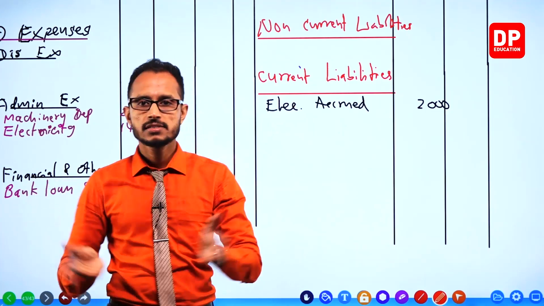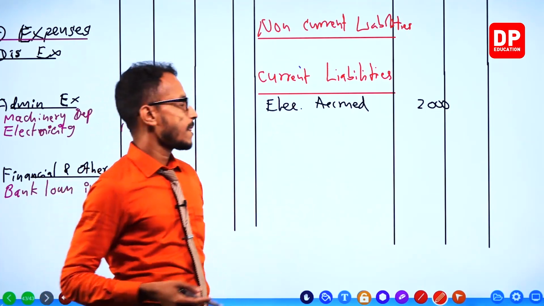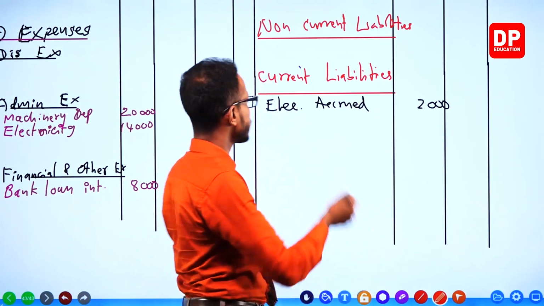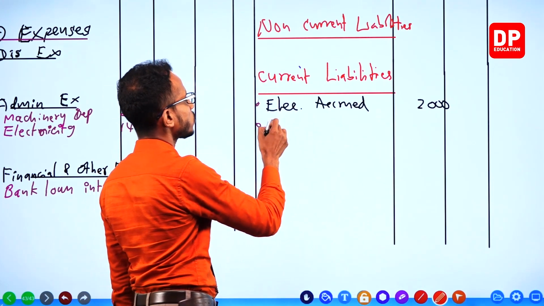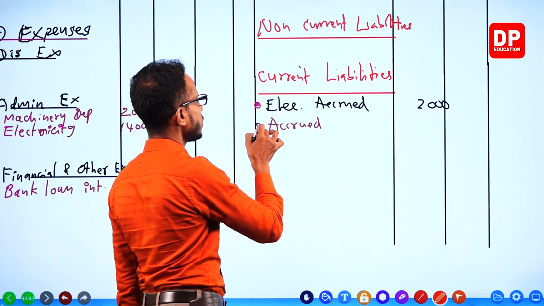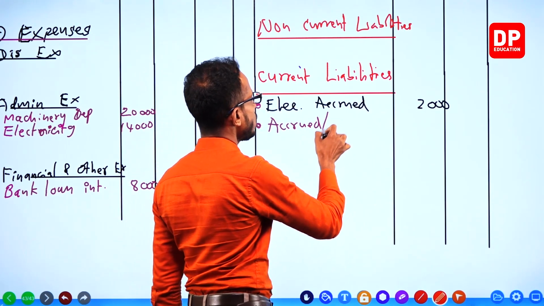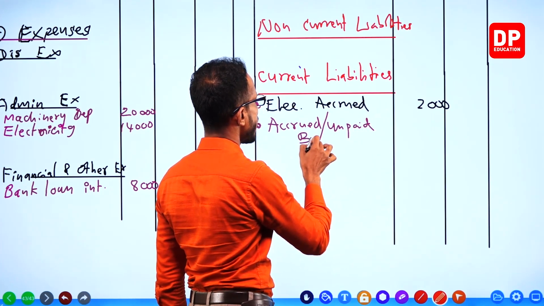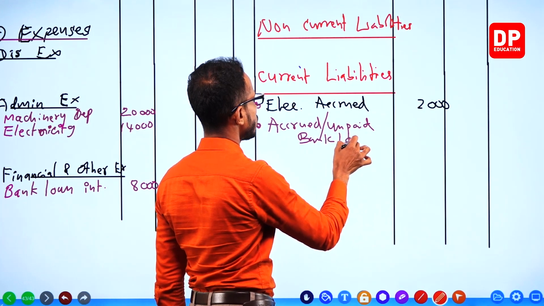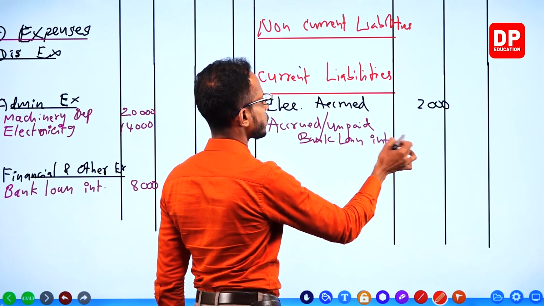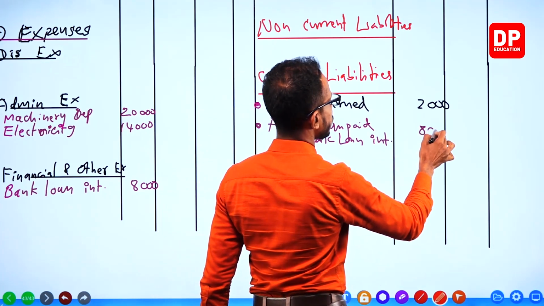Both sides you should put that. If it is an expense not paid, it's accrued, just like the electricity unpaid, accrued or unpaid. Bank loan interest, 8,000.